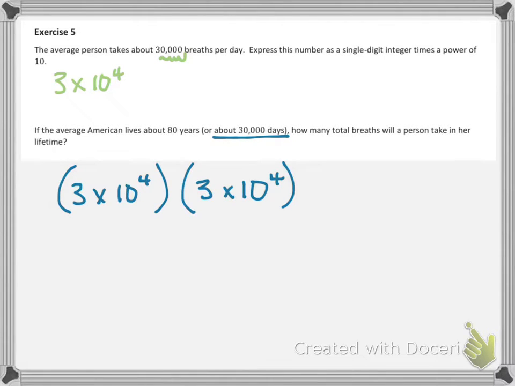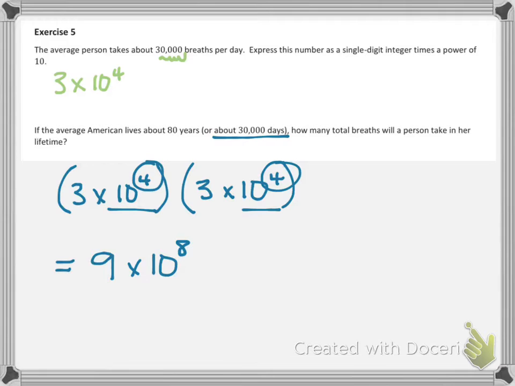And we're going to multiply those two numbers together, which when we do that, we get 3 times 3, that's equal to 9. And then we're multiplying two bases, so this is times 10. So we're going to add these exponents. When we add those exponents, we get 9 times 10 to the 8th power.